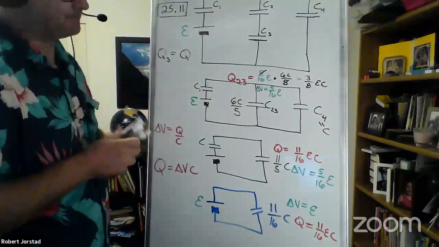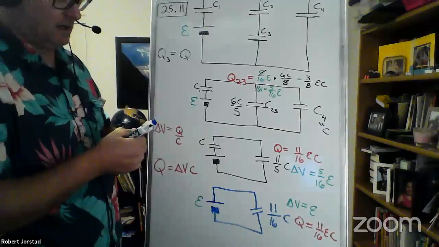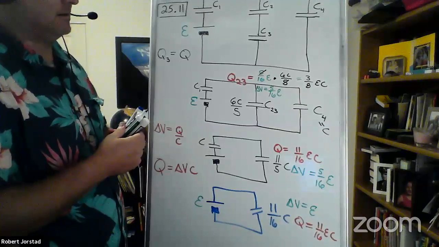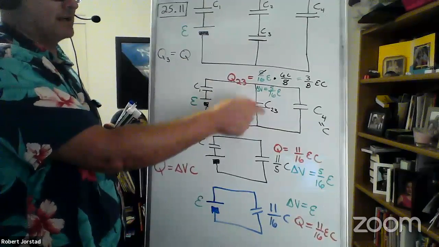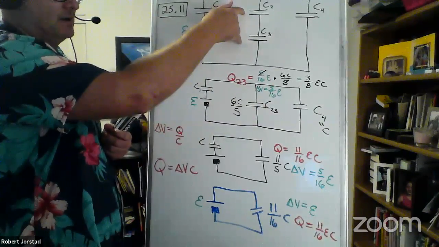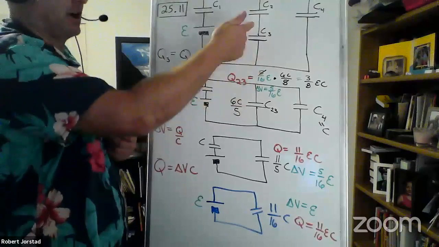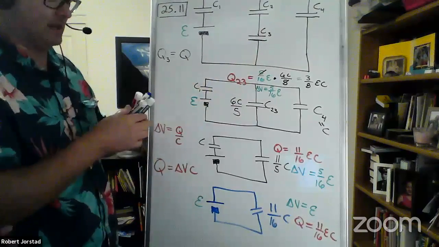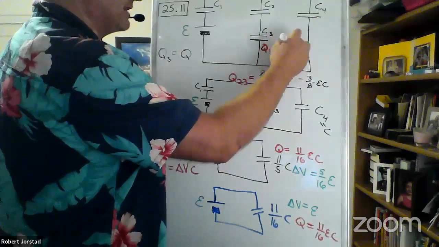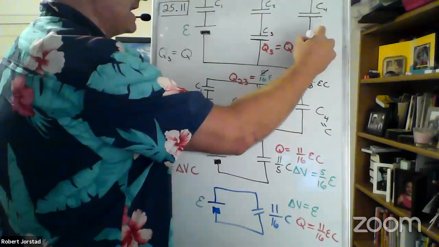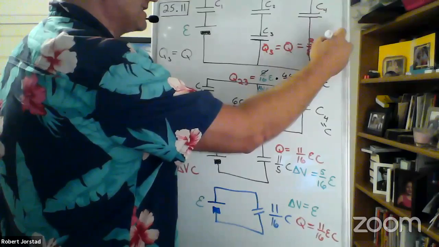3/8 EC. And so now this one, C23, was comprised of a series combination, so we should bring back the charge. And now, wait a minute, that's all we needed. Aha, Q3, which was equal to Q, was equal to 3/8 EC.